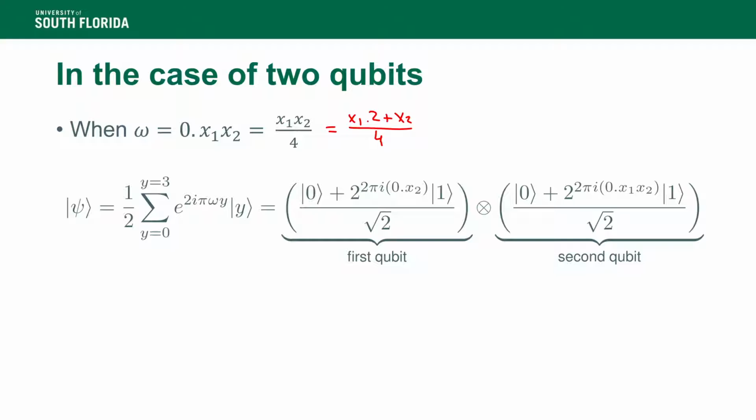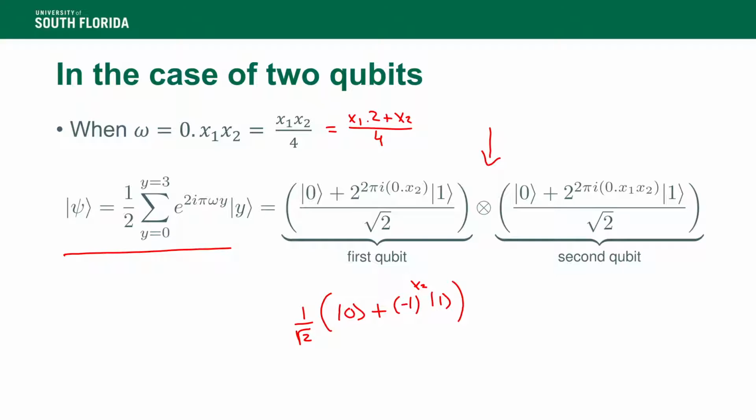Now, the important thing to realize here is that this input state is a product state. The first qubit has the exact same shape as the one for which we were able to solve the quantum phase estimation just by one Hadamard gate, because this is exactly 1 over square root 2 of (0 plus minus 1 to the x2 times 1).